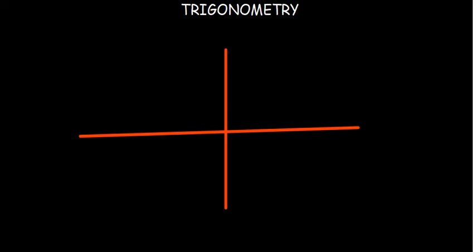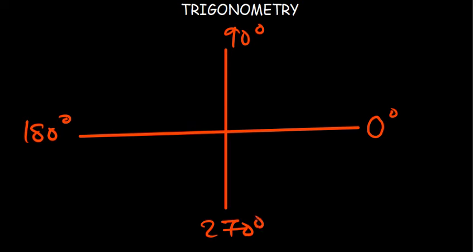Okay, so we do know 0, 90, 180, 270, and then 360 there. So all angles are positive in the first quadrant. Whether you're looking at sine, cos, tan, they are all positive.